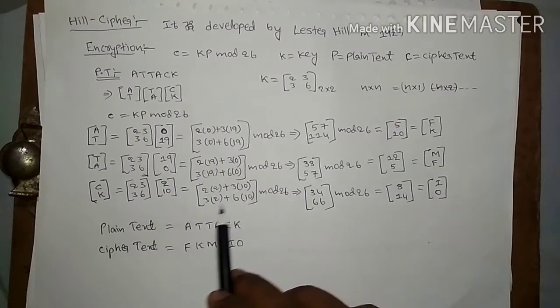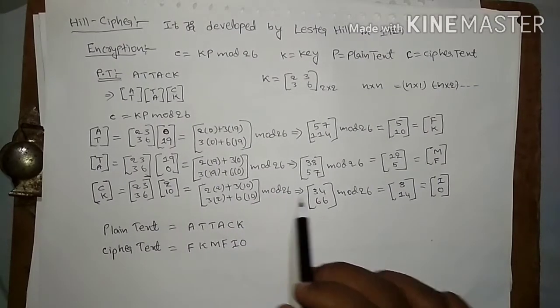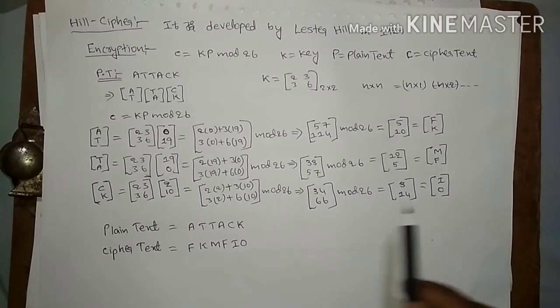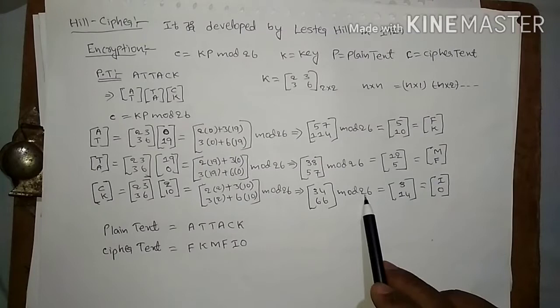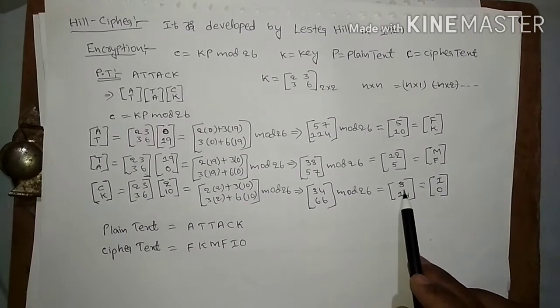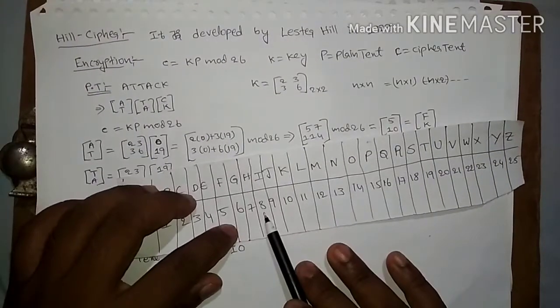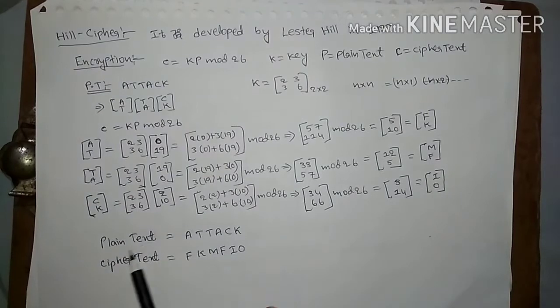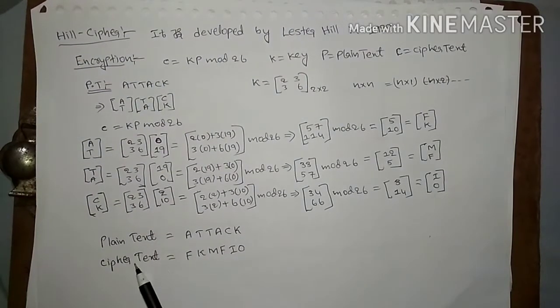Multiplication: 2 into 2 plus 3 into 10, 3 into 2 plus 6 into 10, modulus 26. That gives 34 and 66. 34 mod 26, the remainder is 8. 66 mod 26, 26 times 2 is 52, the remainder is 14. 8 value is I, 14 value is O, IO. So the given plain text is ATTACK, and the generated ciphertext after encryption is FKMFIO.